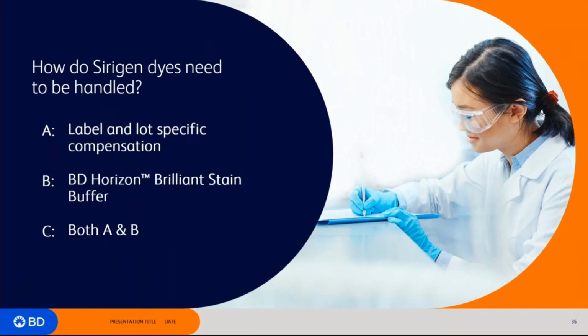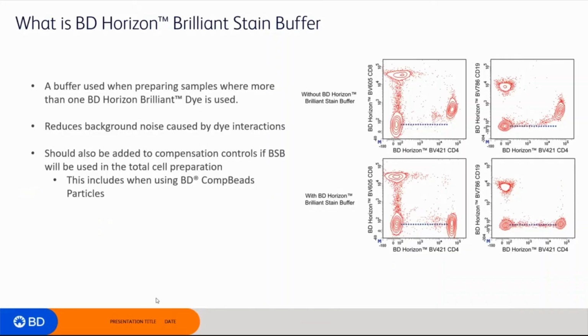What is it? It is a buffer used when preparing samples when more than one Brilliant Violet dye is used. It reduces background noise caused by dye interaction. Let's look at our example here. One thing I like to emphasize is that these cells are compensated correctly because we checked the single stain control.